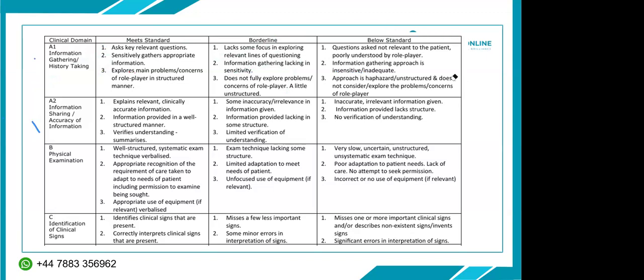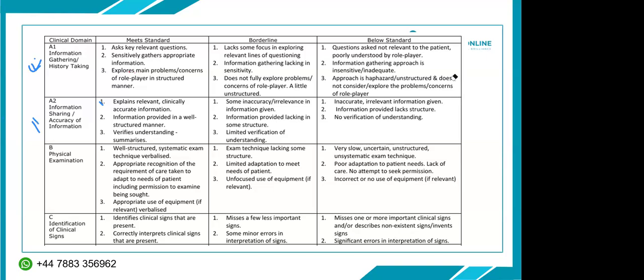Then the other skill is information sharing, accuracy of the information, in which you are being judged on how you explain the relevant, clinically accurate information. The information is provided in a well-structured manner, and verifies understanding or summarizes. What does this skill mean? This skill is about when you are taking the history and gathering information. This is included in your history station, and in your developmental station as well.